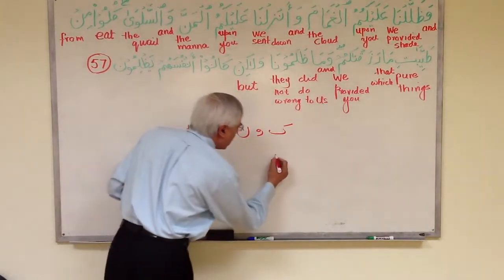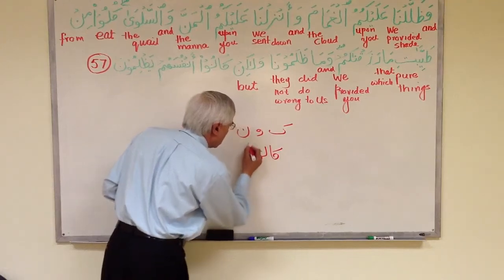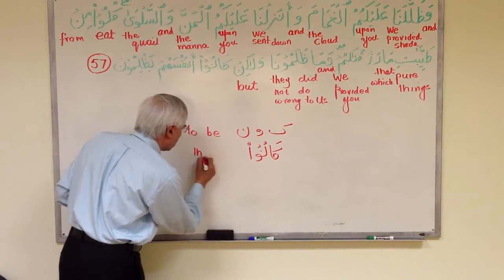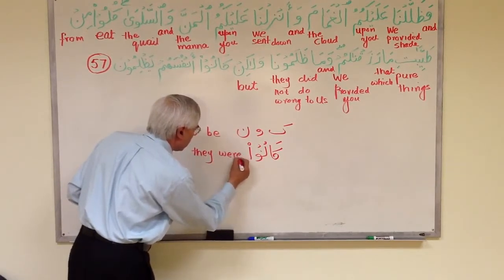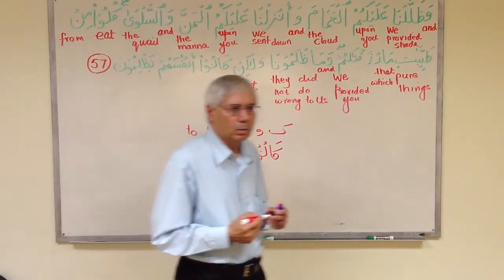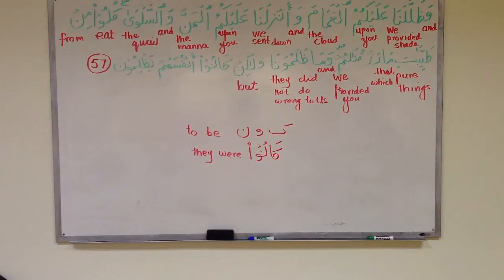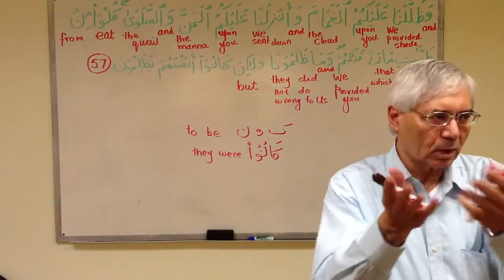And its past tense is kanu. This comes a lot in the Quran. Kanu means they were. Kana means he was. Kanu is the plural. They were. When we put a waw at the end, it becomes the plural of third person.